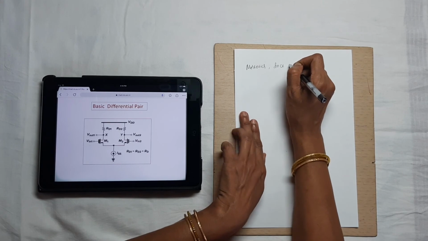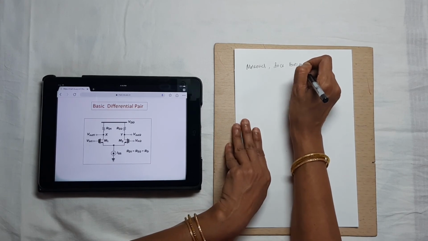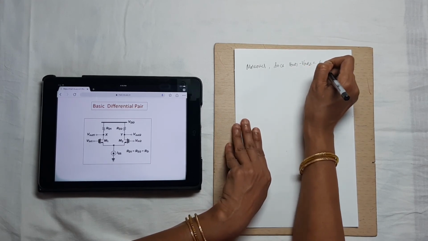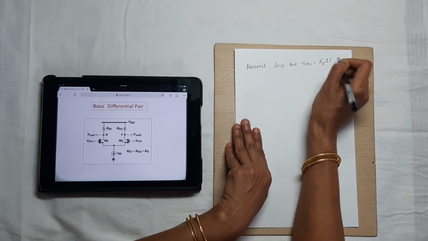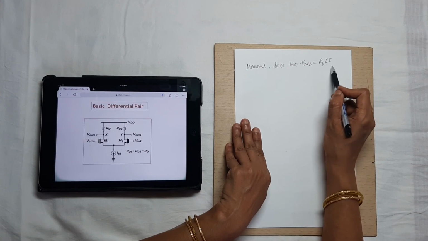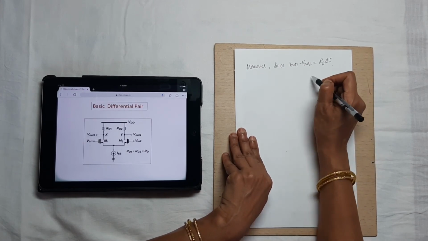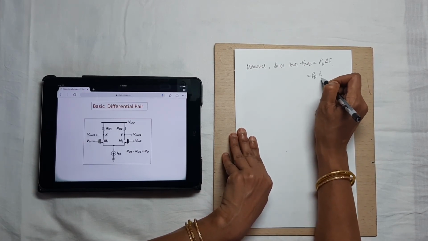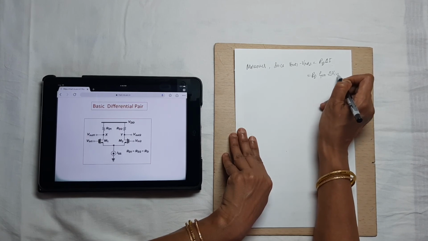Moreover, since Vout1 minus Vout2 is equal to RD into delta I, voltage is equal to resistance into the current. This is equal to RD GM into delta Vin.